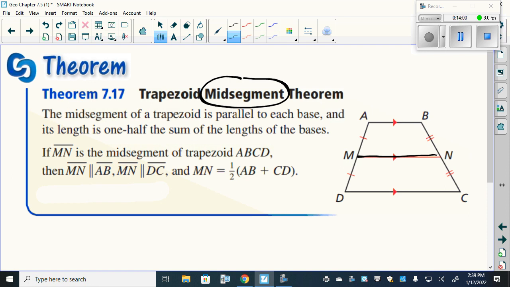The length of the mid-segment is equal to half of the sum of the lengths of the two bases. So if I wanted to find out what this length is, I could take y plus z and multiply it by 1/2, and I would get the mid-segment. And it works out that the mid-segment's length is actually in the middle of the two others.